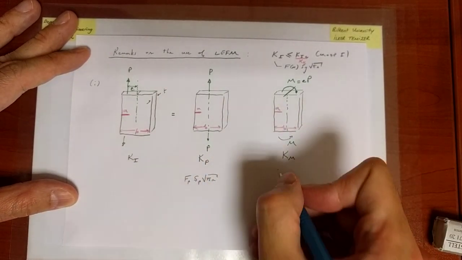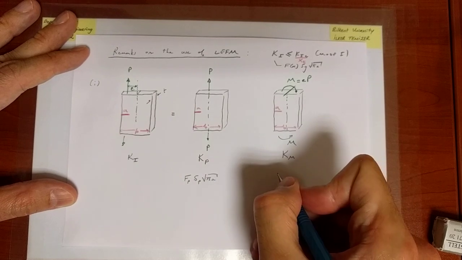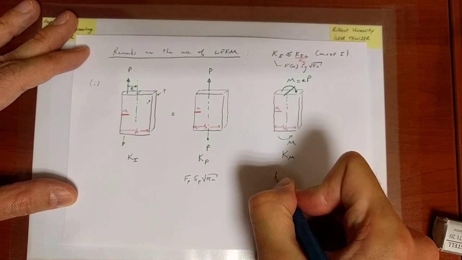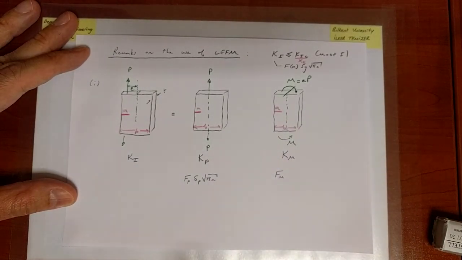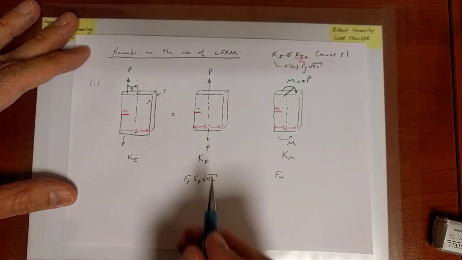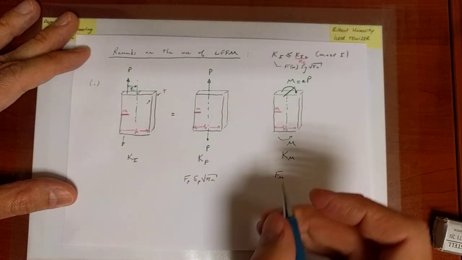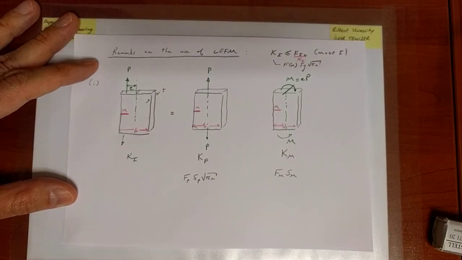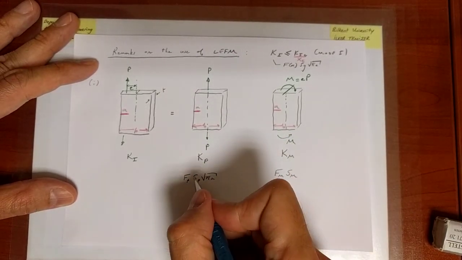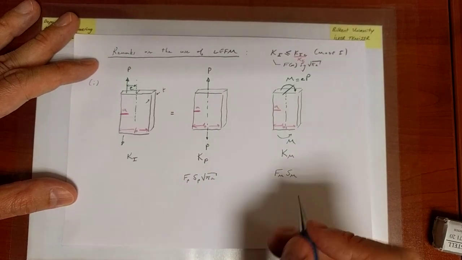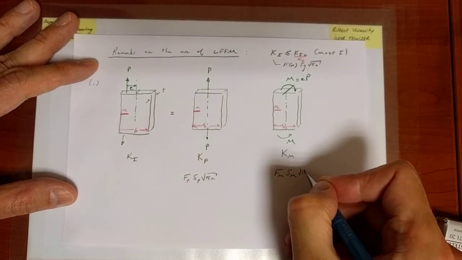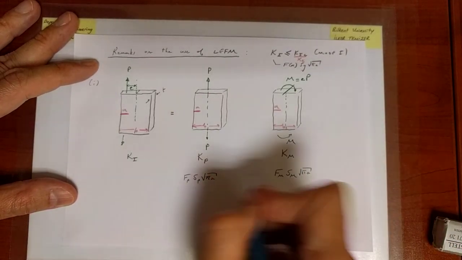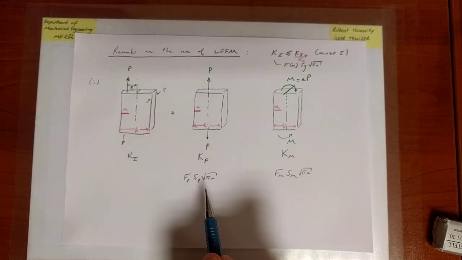And for pure bending, similarly, if I want to calculate the mode 1 stress intensity factor, there is a form factor, a function that is relevant to this case. Alpha in all cases is A over B. Then there will be a gross stress. I'm dropping the notation G and putting SP or SM to indicate the difference, and root pi a. So I know individually what the stress intensity factors are.